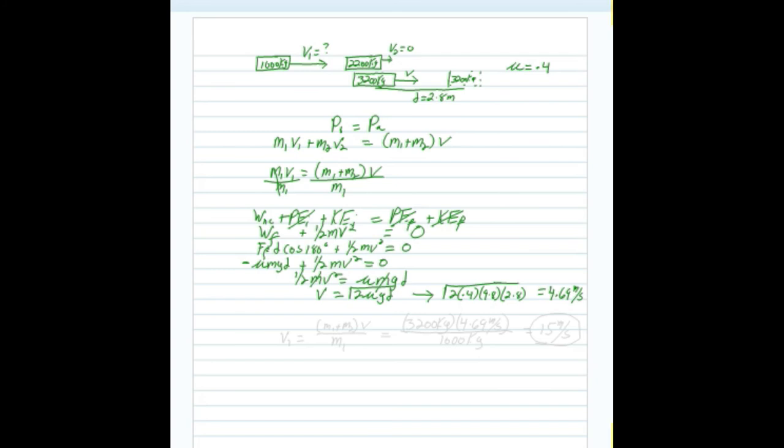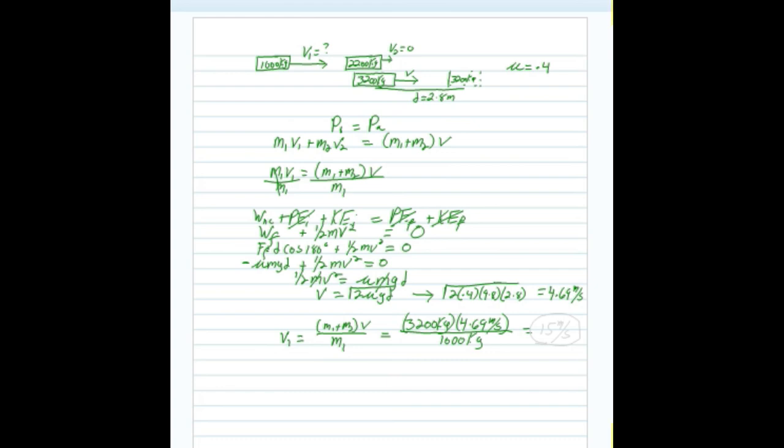And then what I'll do is take that and plug it into my expression above for V1. So I had V1 equals m1 plus m2 times V over m1. Mass 1 was 1,000 and mass 2 was 2,200, so the total is 3,200 kilograms. Their speed is 4.69 meters per second, divided by the mass 1, which was 1,000 kilograms.